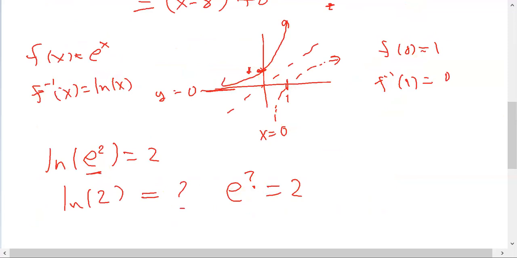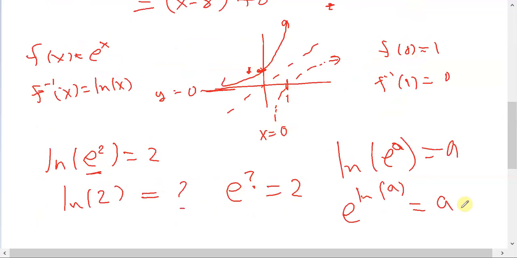But nice powers of e give me nice outputs from natural log. So as long as I'm doing natural log of e to some value, I can always do that, or the other way around, e to natural log of some value. They always cancel out. So that's a very brief review of inverse functions. What we want to do is now use them to do some calculus to learn a few more derivatives.